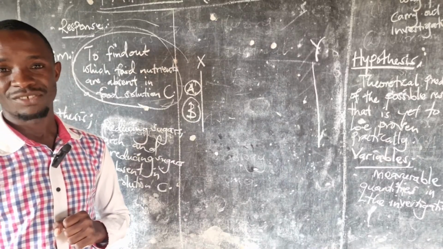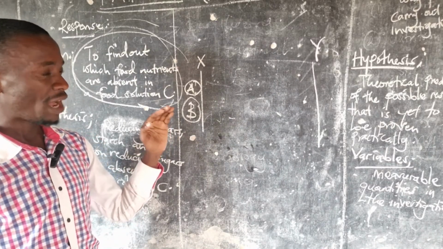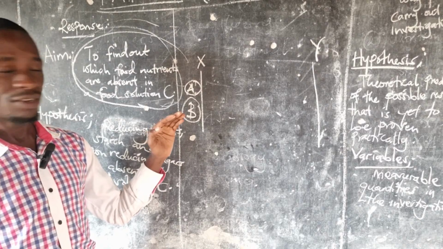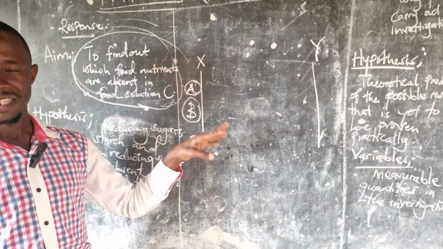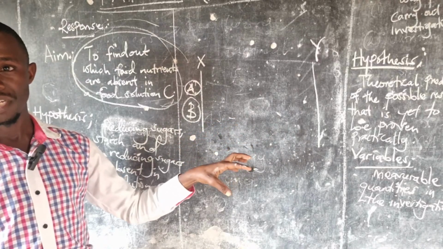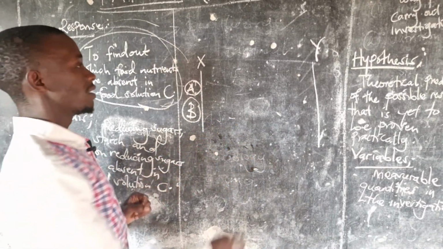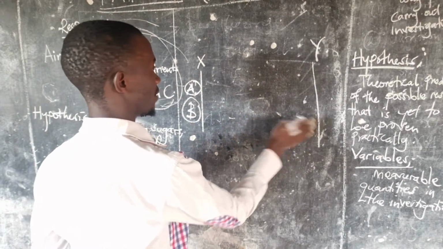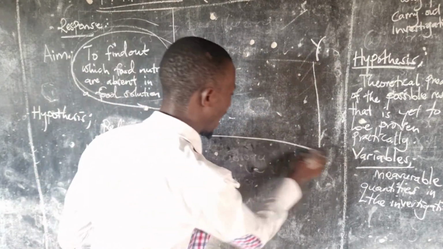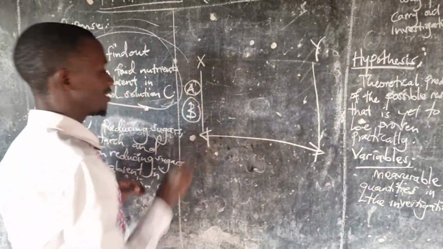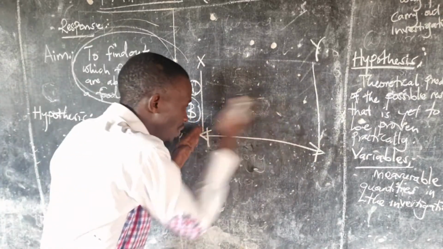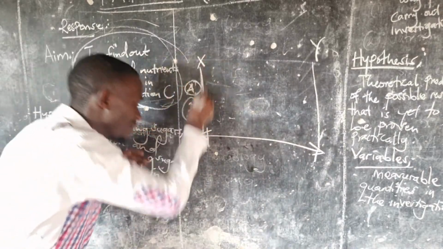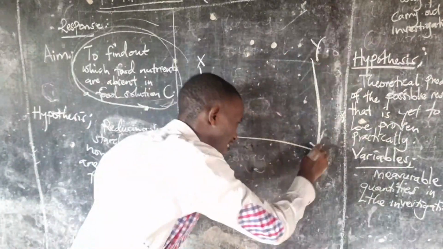I want to soften the independent and the dependent variables. The controlled variables are going to be the distance these 2 people are to run. They are starting from the same point, they are finished at the same point.